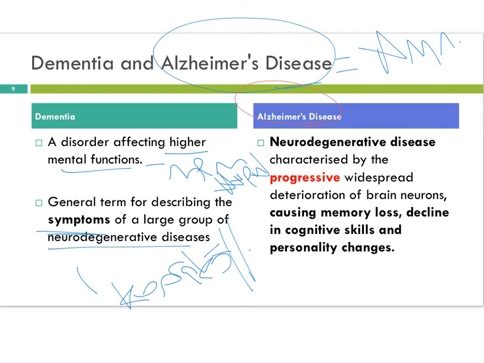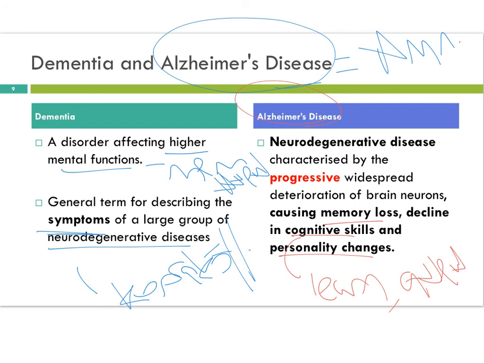So this is a neurodegenerative disease that's characterized by a progressive widespread deterioration of brain neurons, causing memory loss, decline in cognitive skills like learning, attention, problem solving, all that stuff, and personality and social changes. So it's actually not just memory loss that we see here.